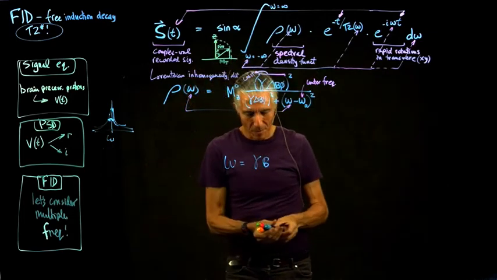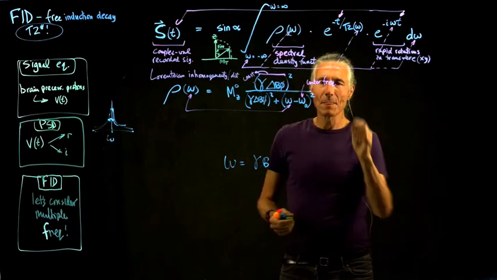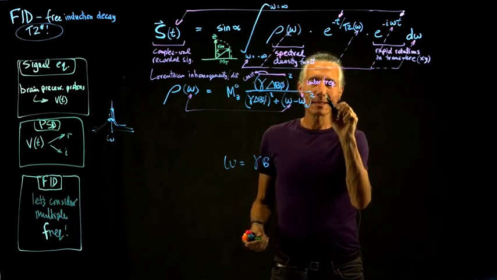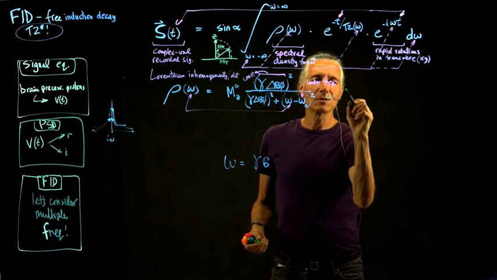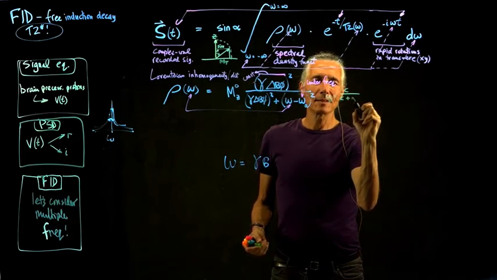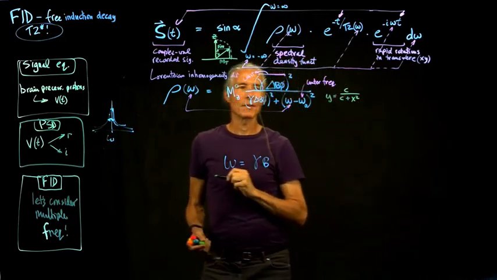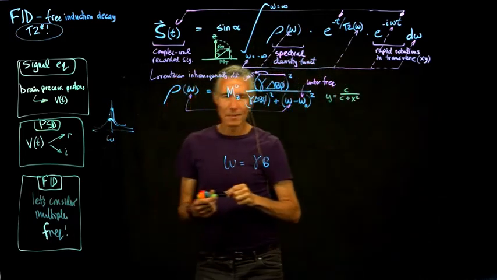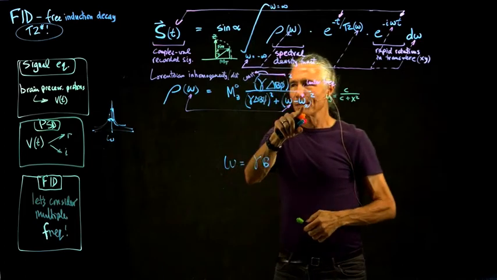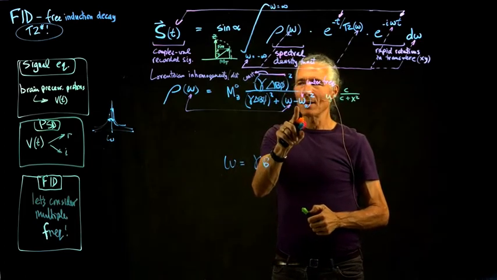If you just want to plot it in MATLAB, you would plot something like y equals some constant over another constant plus something squared, because this omega 0 is a constant also. After you subtract it off, you just square it.